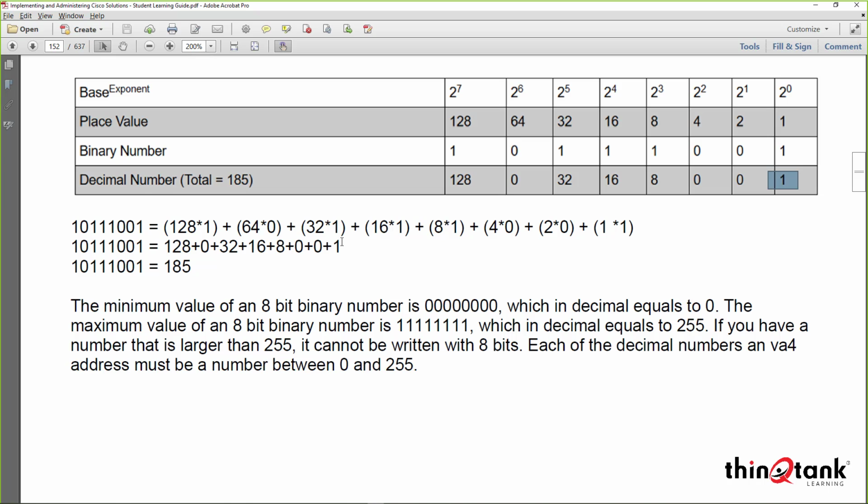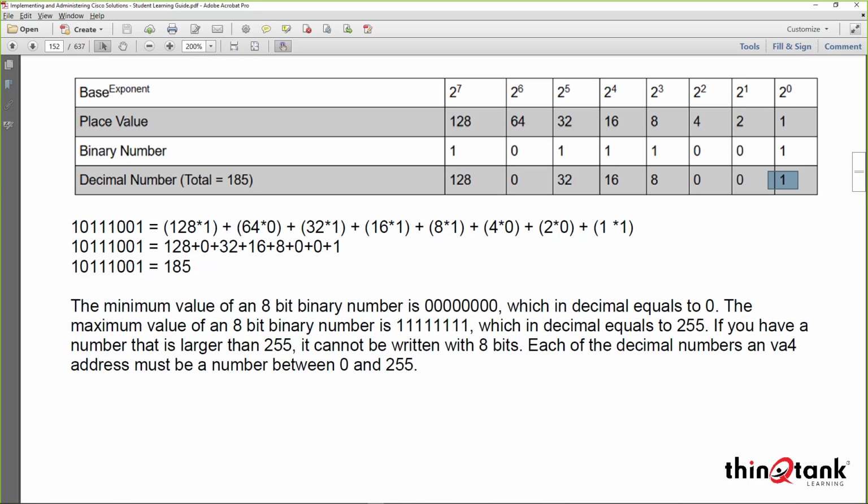And of course, you could do this the other direction as well. You could be given a whole binary string, and then based on that binary string, you can convert it to decimal, right? Or vice versa, decimal to binary, where you're basically just subtracting instead of adding. So if I had 185 and I said convert that to binary, I would say, okay, 185 is less than 256.